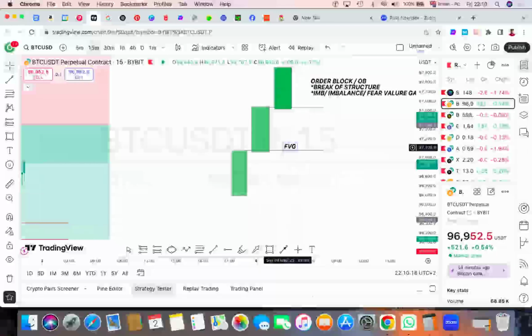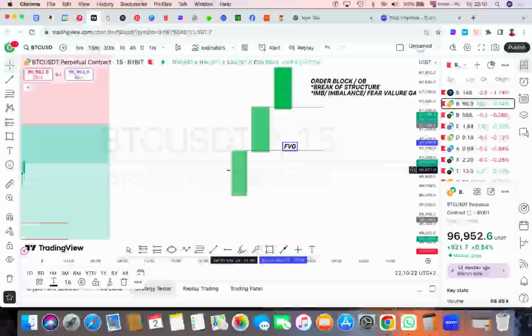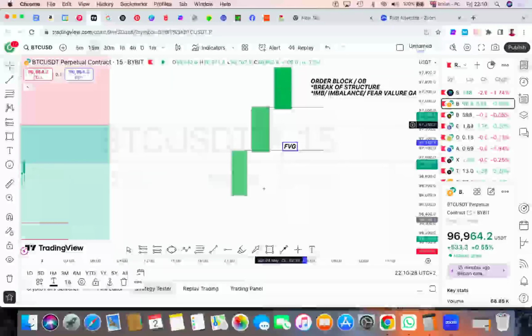When the space is smaller, and your Marabozu candles have wicks and are side by side, and the space between the first and the third candle is not that big, that's fair value gap. It's one of the confluences you have to see. So now you know that institutions are pulling orders and pushing the market upward.